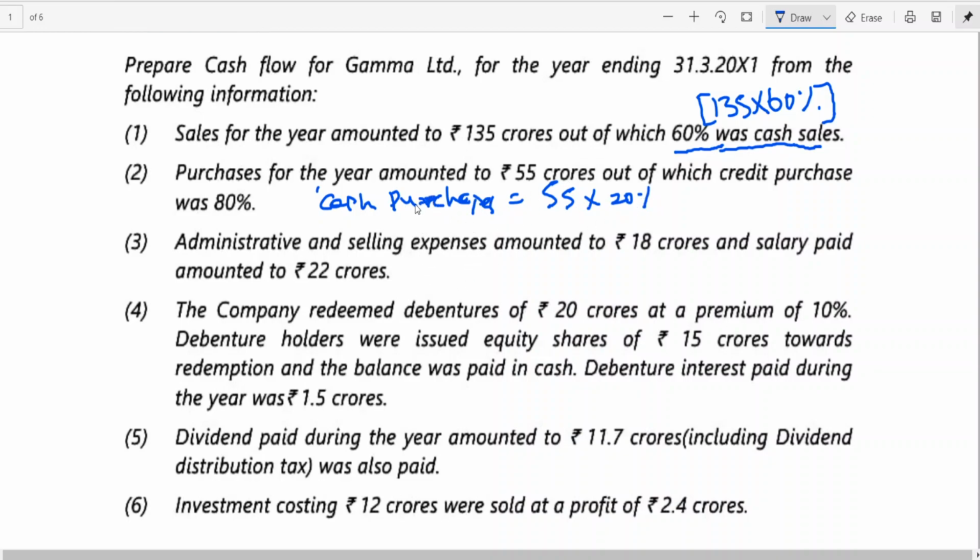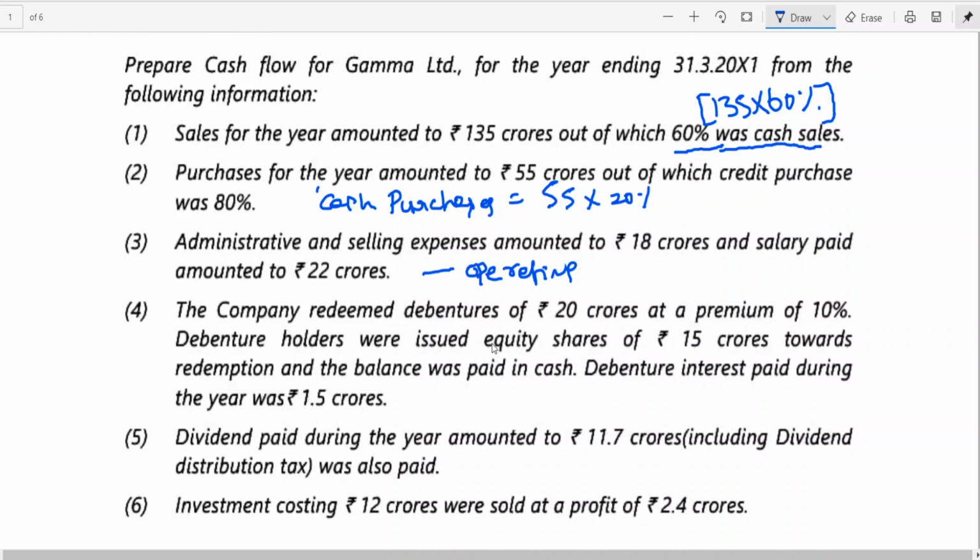Okay. So balance is credit purchases. Administrative and selling expense amount 18 crores and salary paid. Then you know this is operating activities.